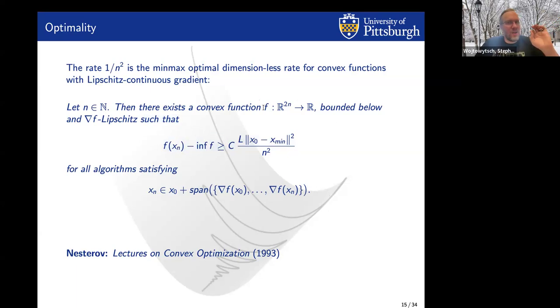Slight caveat here, this function lives on R^2n, so the dimension is going to come in here. Well, and it kind of has to, because if we have an n-dimensional space after n iterations, this is probably going to be the whole space. So we need different lower bounds, different functions for the lower bound, depending on how many iterates we want.